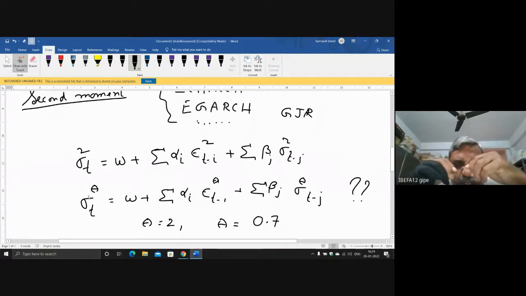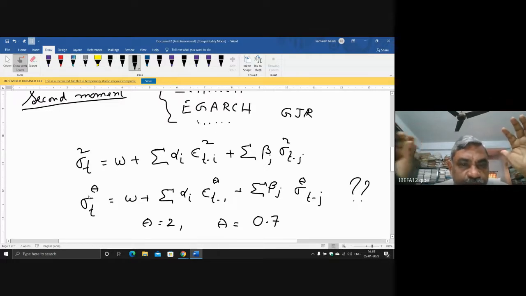Why always emphasize on a particular case? Why not go for a general case, a case which data determines? Data determines the form rather than you specifying based on a single moment called the second moment.